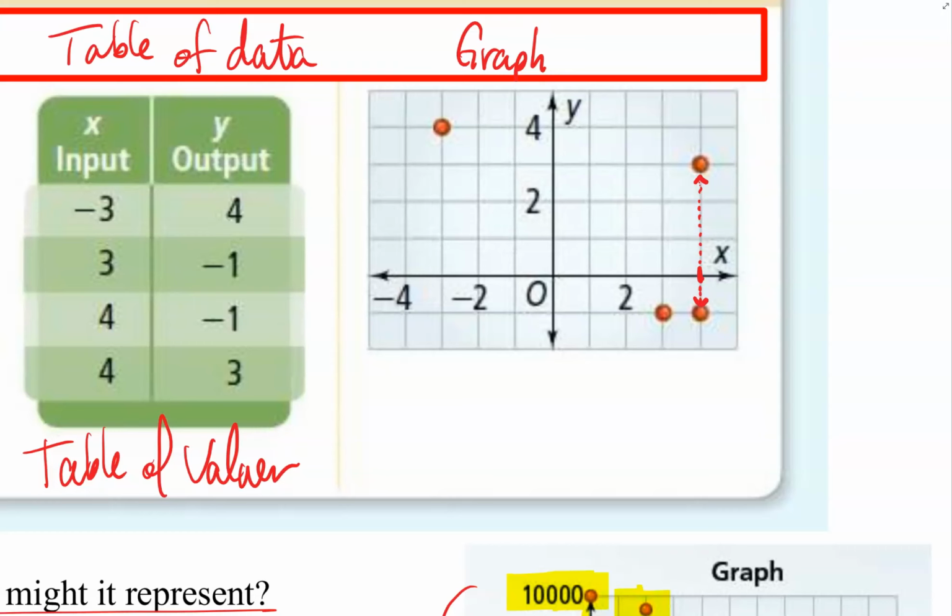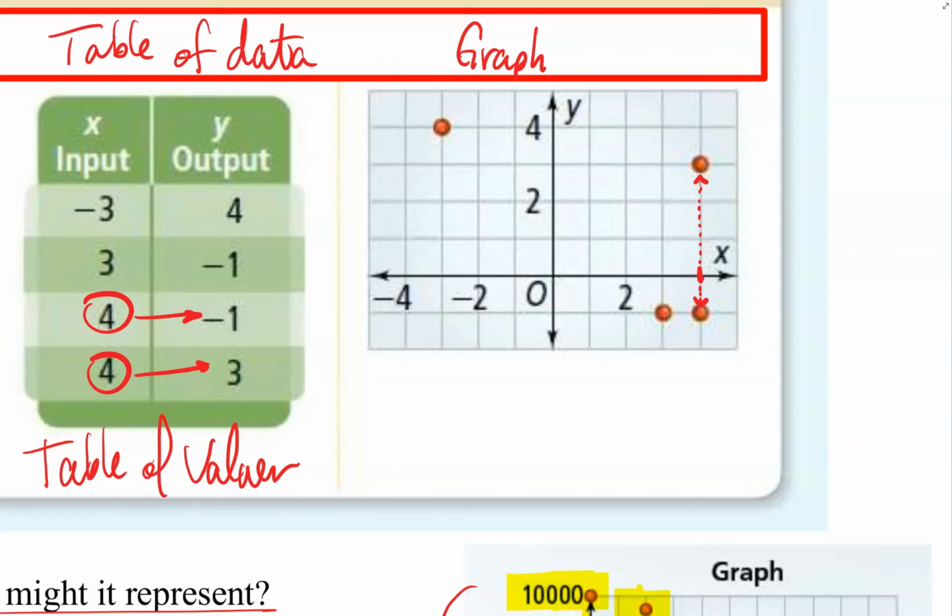And if I choose 4 on the x-axis, or if I choose 4 from our table of data, I don't know if 4 is pointing to -1 or +3. I can't really choose both simultaneously. I have to pick one or the other.